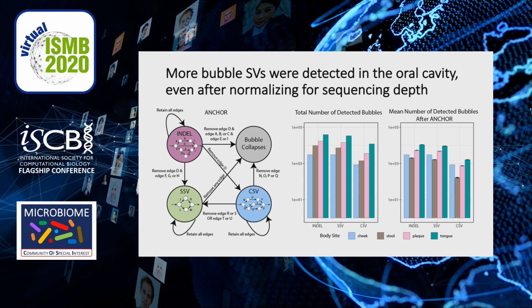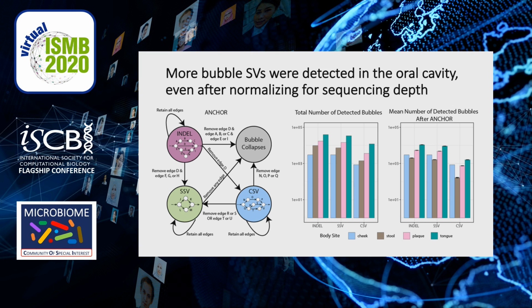ANCHOR reduces bias by using statistical models to determine the mean number of variants that would be detected if reads from one group were downsampled to the average sequencing depth of another group. ANCHOR calculates the probability that each edge in all bubbles would survive at a lower depth of coverage and retains edges with sufficiently high probabilities.